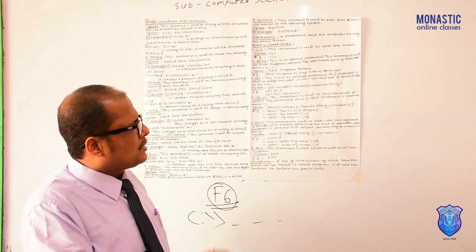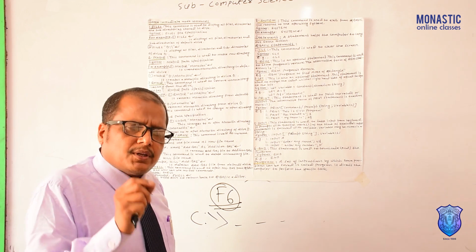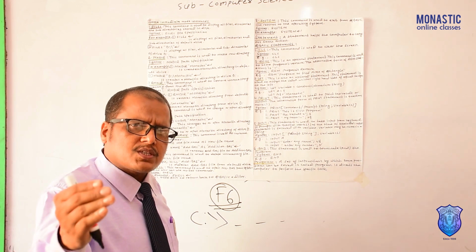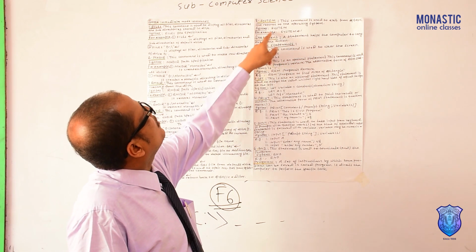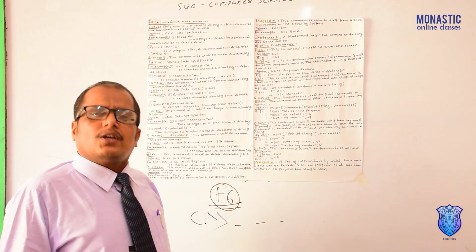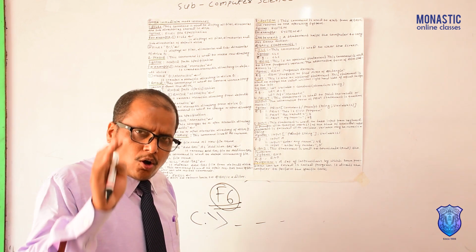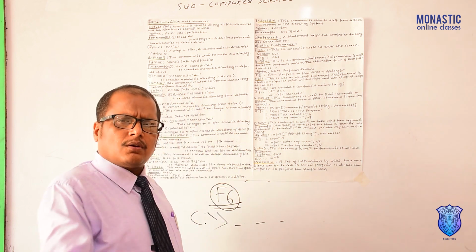Or simply type system and press enter key in immediate mode, then also you can close QBASIC. Syntax is system. For example, system enter key, then what do you get? QBASIC is closed and returns to the operating system.